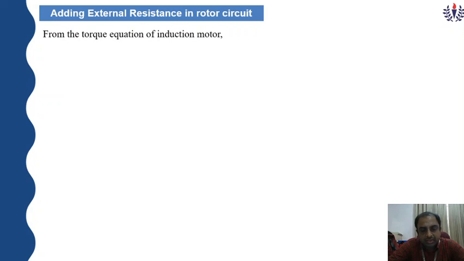From the torque equation of an induction motor, we know the torque is directly proportional to S E2 square R2 by R2 square plus (S X2) whole square. R2 is the rotor resistance per phase, X2 is the rotor reactance per phase at running condition, and E2 is the rotor EMF per phase during running condition.